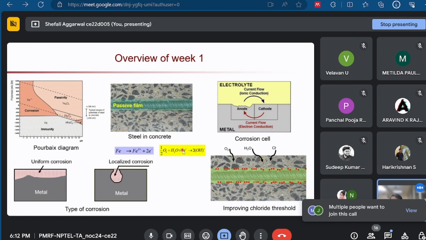When these electrons are consumed by the oxygen present in the electrolyte, they convert into OH negative ions, which are formed at the cathode. So iron from the anode part is consumed, and it forms products at the junction of anode and cathode, which we call rust products. Next thing, so this is clear to everyone, right?